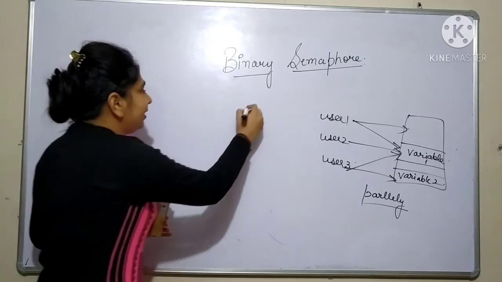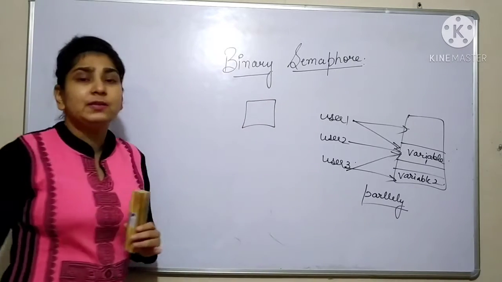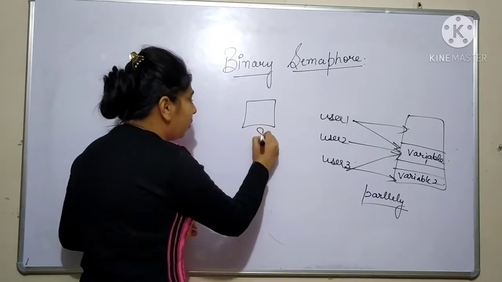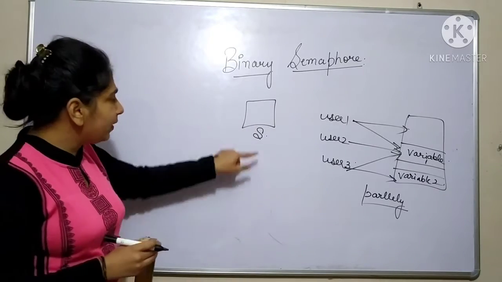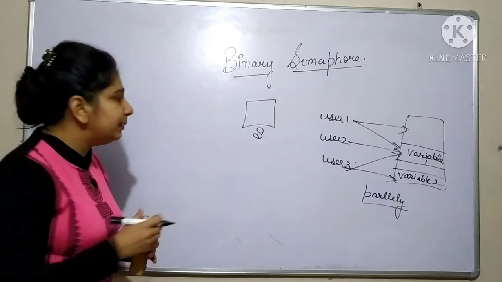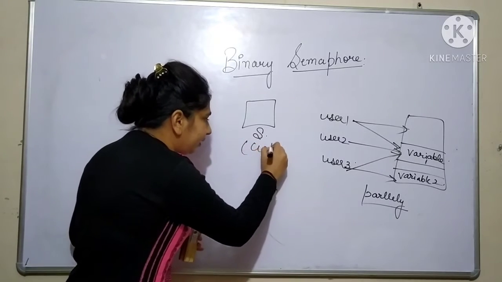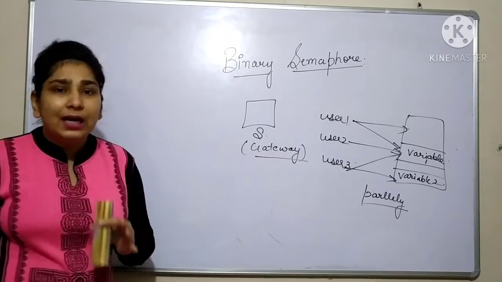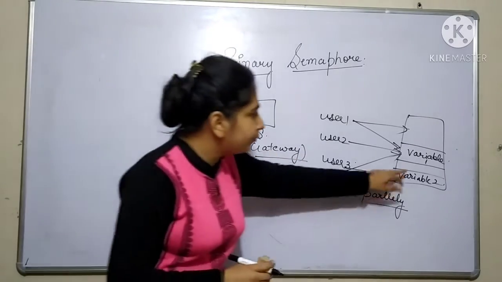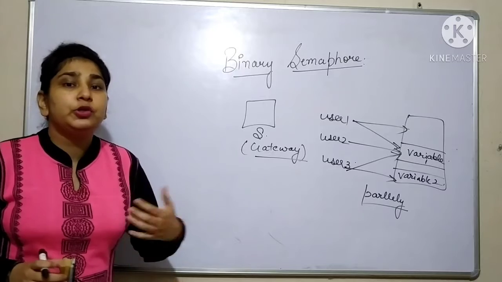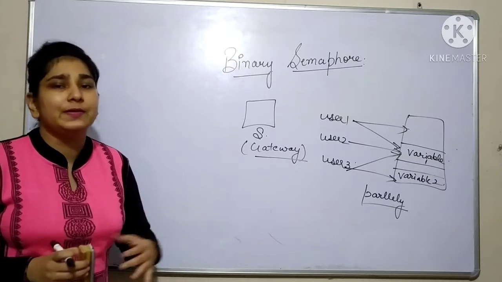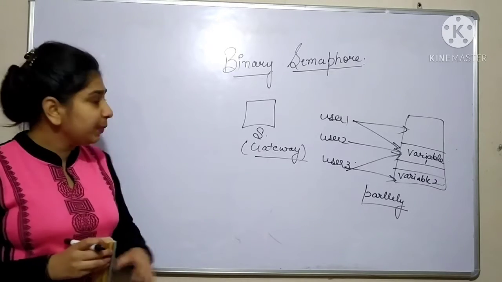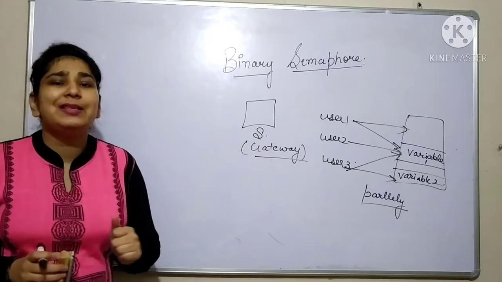What is the meaning of binary semaphore? Let's suppose a semaphore is nothing but a variable. It is a gateway which is going to limit the access of the shared variable to only one request. It is actually your entry section.